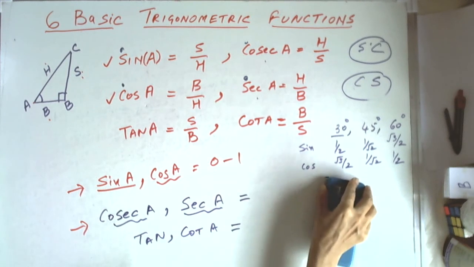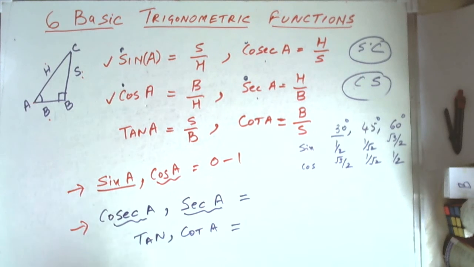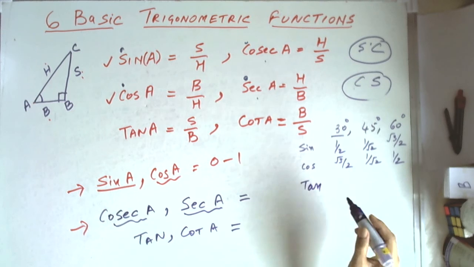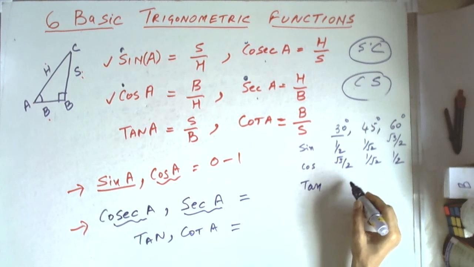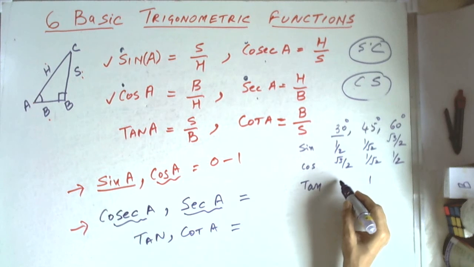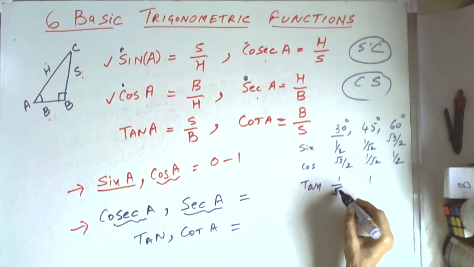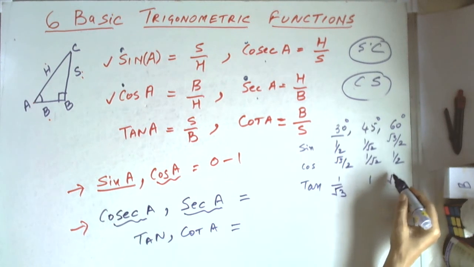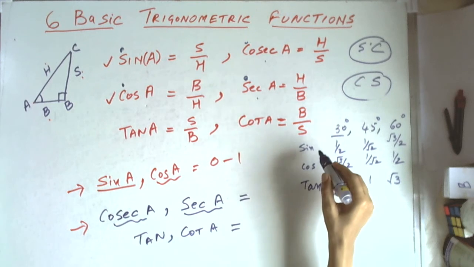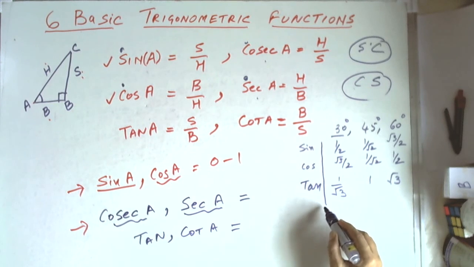And tangent: tangent 45 is 1, this is 1 by under root 3, and this is under root 3. So remember this table.